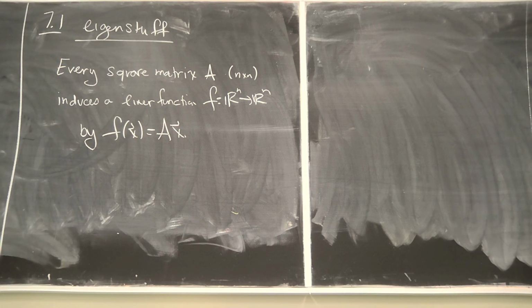So every matrix you can make into a function, the same sort of functions that we dealt with back in 241. You eat a vector, the function is take the vector, multiply it by the matrix, and the thing that comes out is the same size.